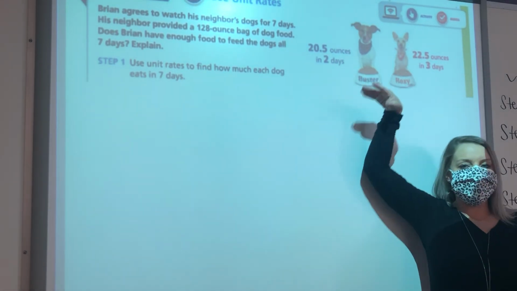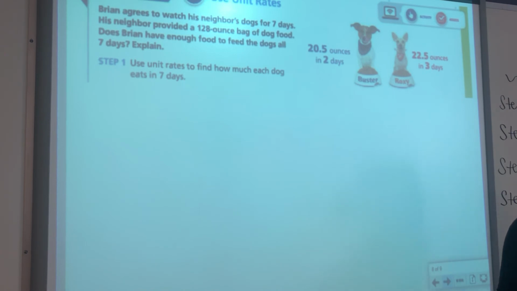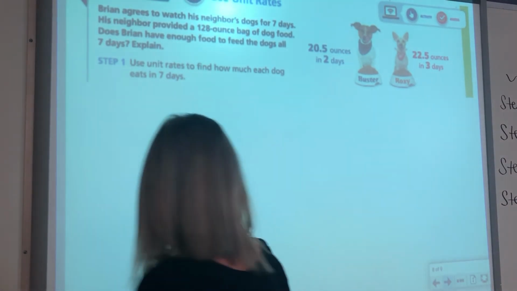We can't add them together and say, oh, we need this much food for this day. So we have to go back to home base. What's home base? 1 is home base. Your unit rate is always home base.